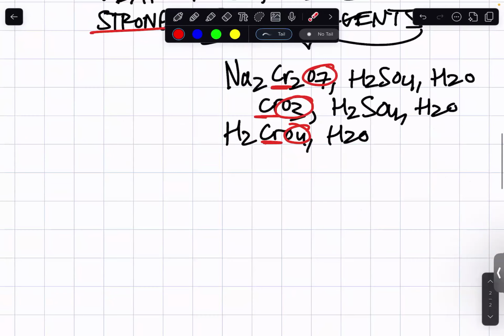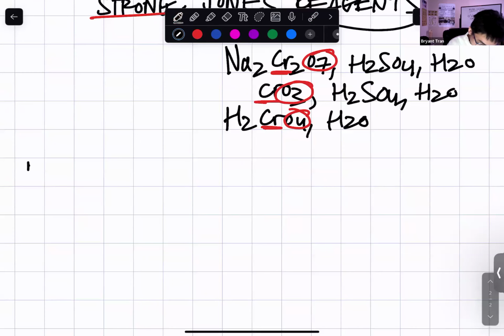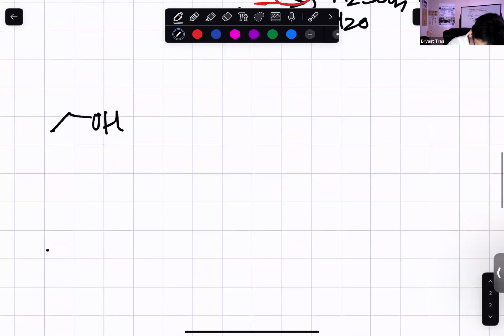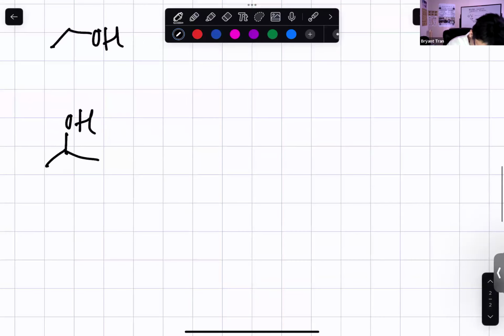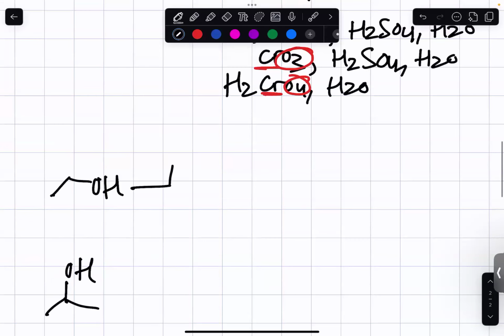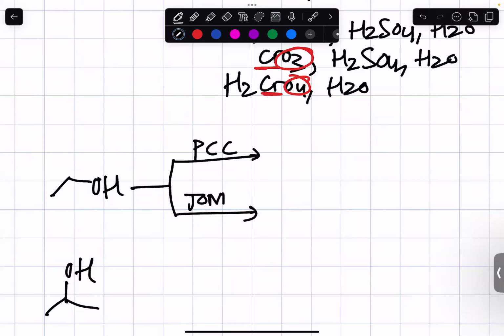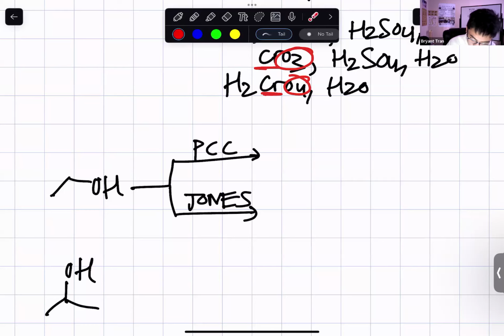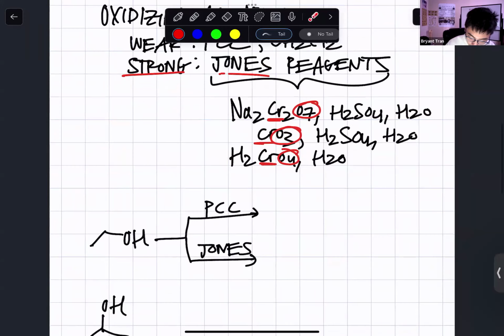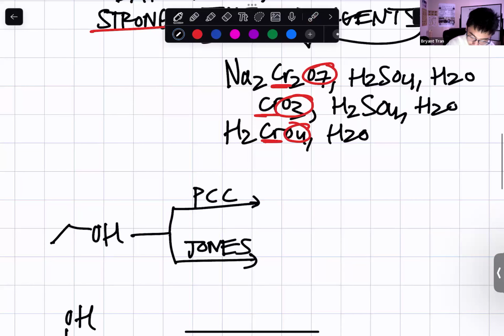I'm going to show you this by looking at a primary alcohol, a secondary alcohol, and a tertiary alcohol using these reagents. If we react a primary alcohol with PCC, because PCC is a weaker oxidizing agent, we are only going to oxidize that alcohol into the aldehyde.